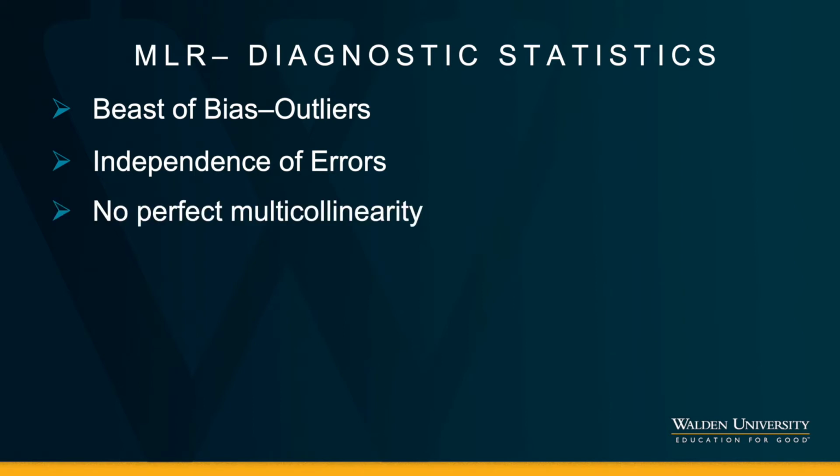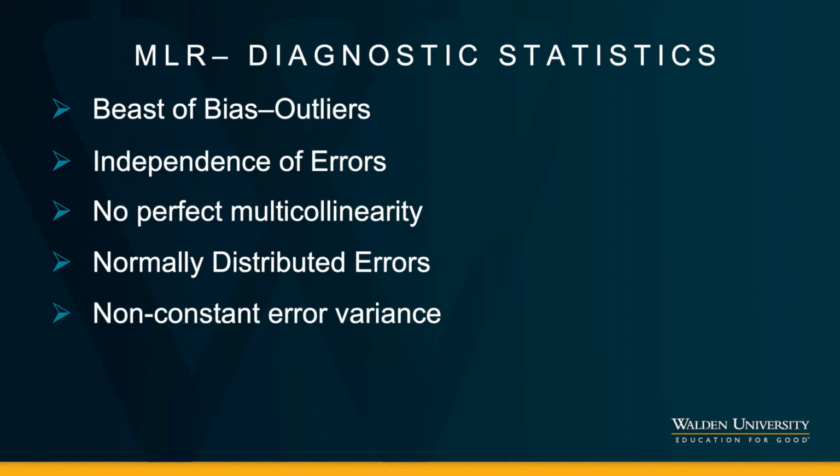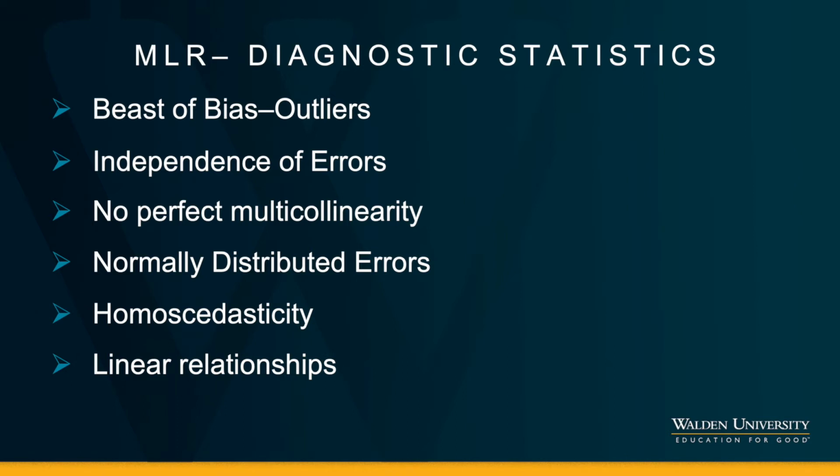We do not hope that the independent variables have a perfect relationship with each other, because that would indicate multicollinearity. We're going to evaluate if the errors are normally distributed. And we do not want to see a non-constant error variance, also known as heteroscedasticity. We are aiming for homoscedasticity. And we will evaluate the linear relationship that is a basic assumption of every regression model.